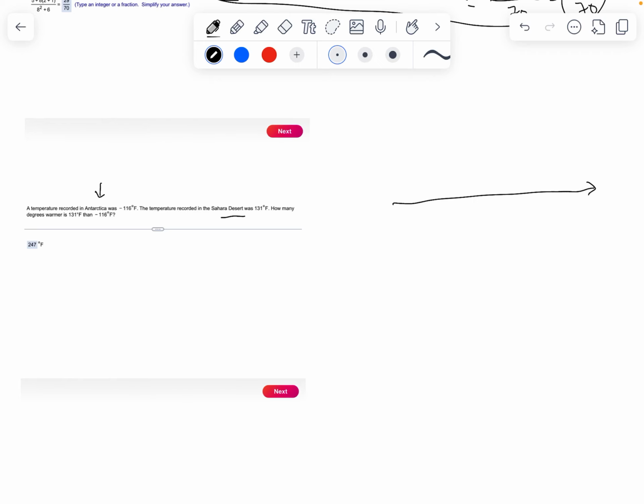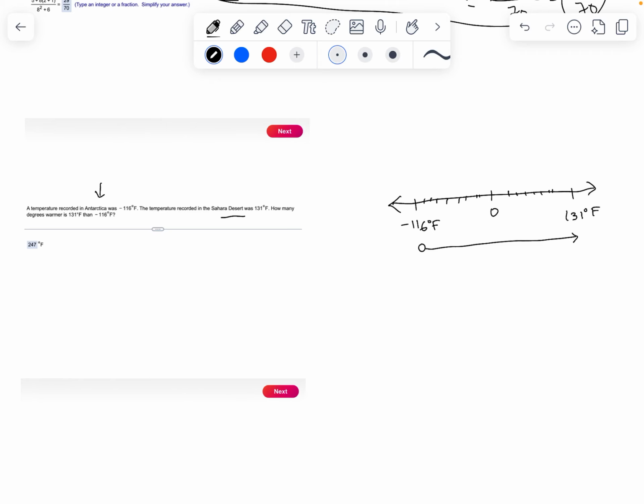So I'll draw the number line here. Have 0 here. So if we put the numbers, negative 116 will land somewhere here, and then 131 will land right here. In other words, they're telling you to go from here to this point over here.